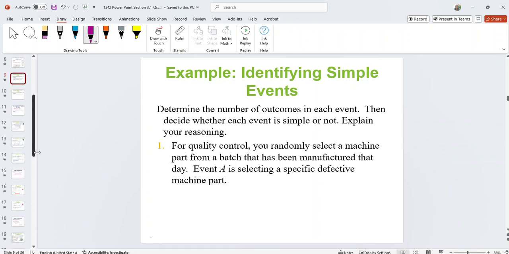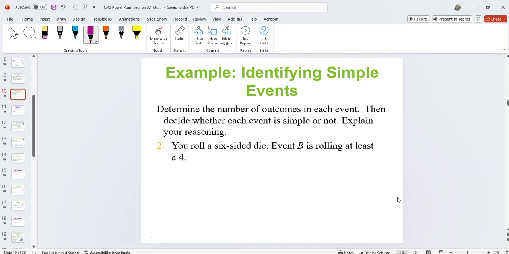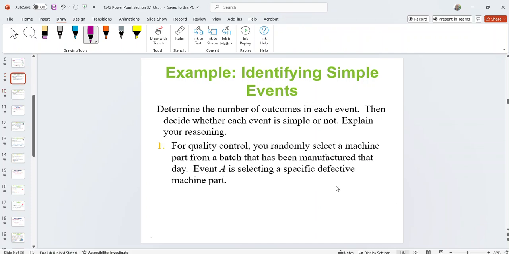Is this a simple event or not? All right, so this one is selecting a specific defective machine part, right? So I would say this will be simple, just one outcome because it's a very specific one.